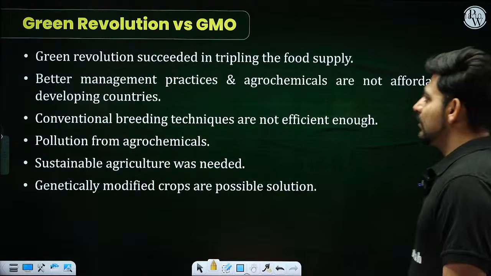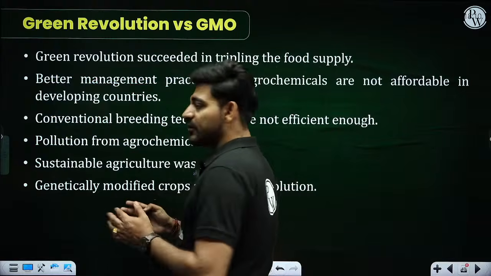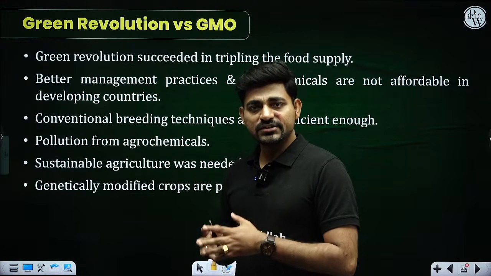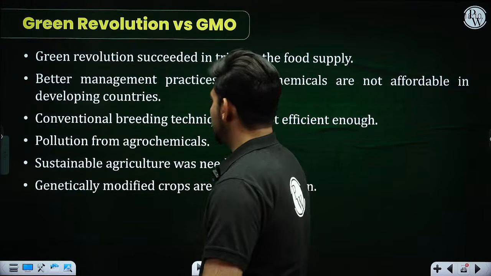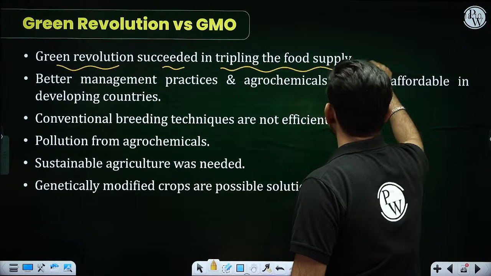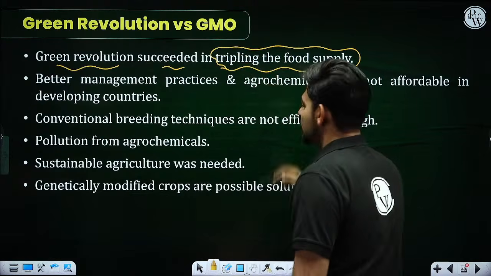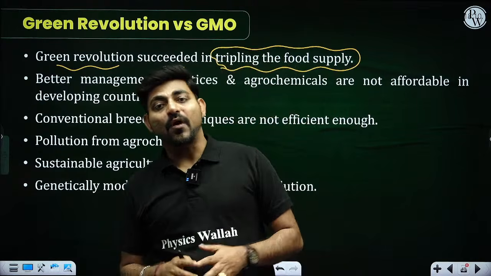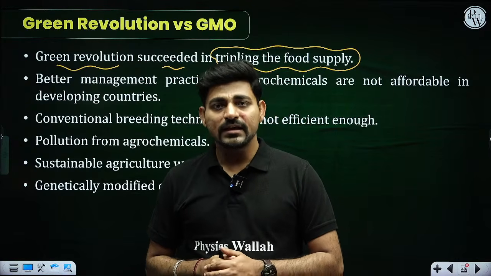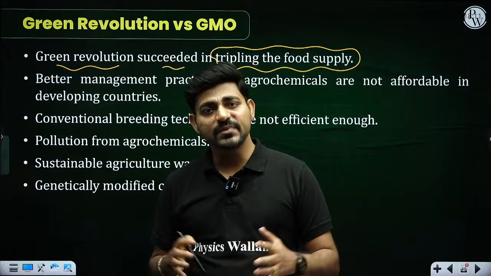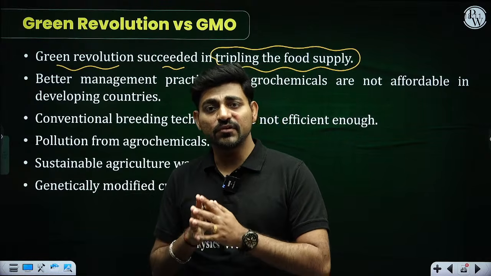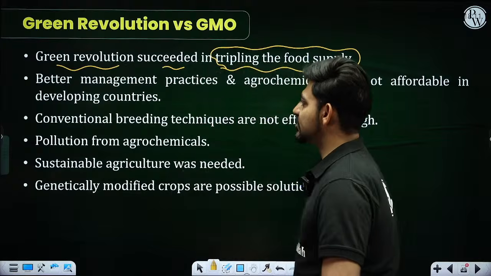Okay. Now we will try to compare between the Green Revolution and the utilization of GMO. So, the Green Revolution succeeded in tripling the food supply. So, before it was about quantity, right? The Green Revolution is about hybridization and producing a superior variety by following the sexual mode of reproduction.